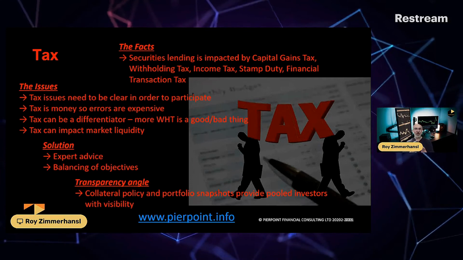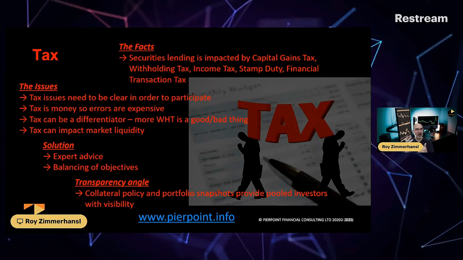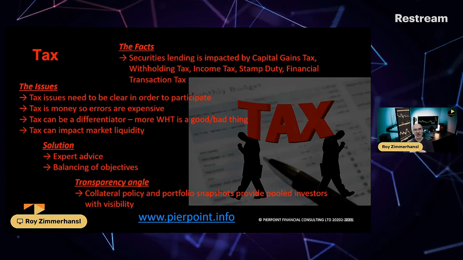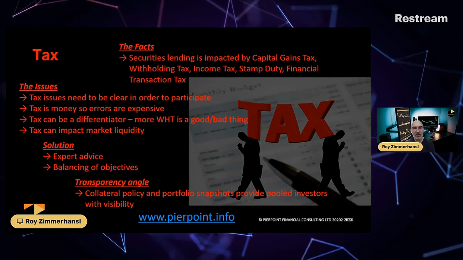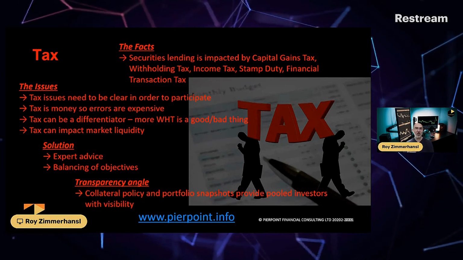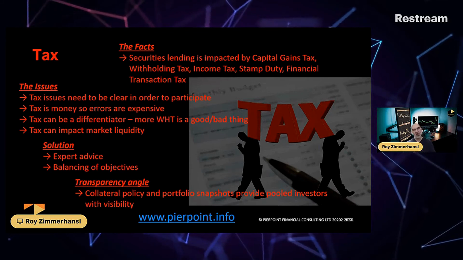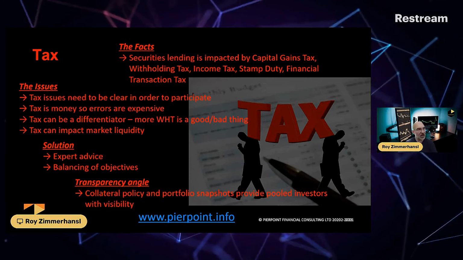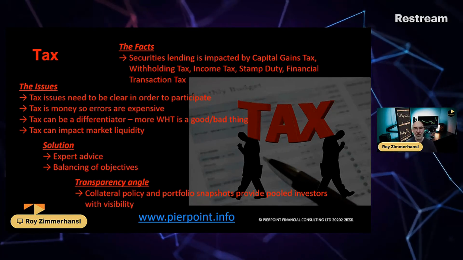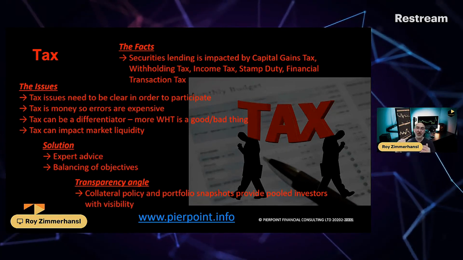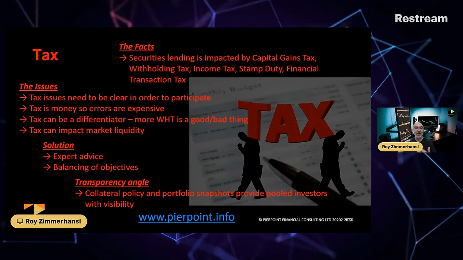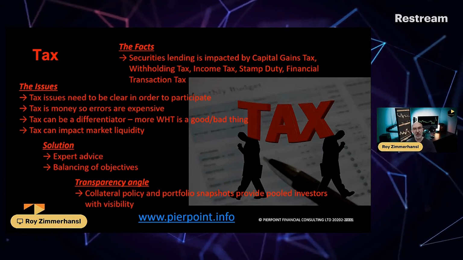The third point there, tax can be a differentiation. As I briefly mentioned a minute ago, since the borrower is having to replace the lender's dividend or interest payments on a net basis, what they're looking for generally, if they think a transaction will go over a dividend or interest period, is a lender that not only is stable, but also has the lowest withholding tax and the lowest net payment requirement.